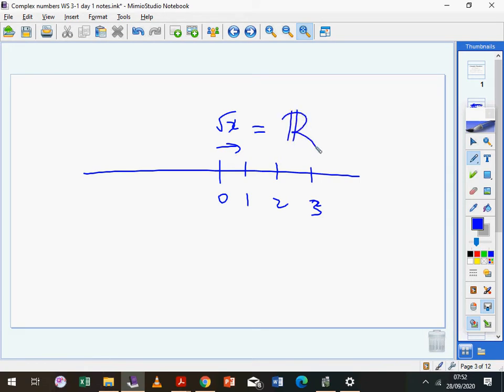But if I try to take the square root of all the numbers on this side of the number line, then if I am not using i, I won't get anything. But if I use i, which stands for imaginary numbers, then on this side of the number line I will have imaginary numbers. So that's the basic idea behind complex numbers.